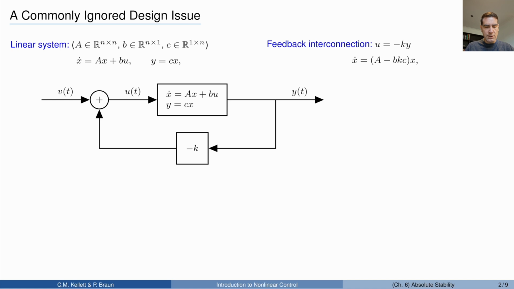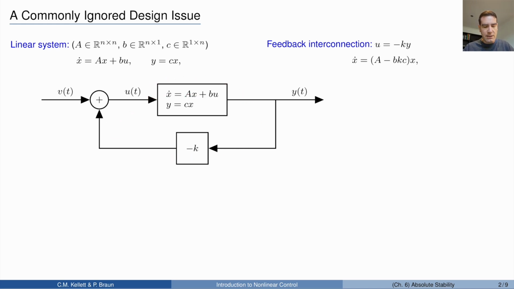So what we've looked at so far were linear and nonlinear systems, and we have seen characterizations of asymptotic stability. We have seen a bit of controller designs for linear systems, so we can have a look at this closed loop system here.